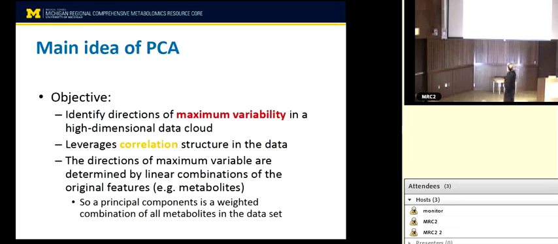So if you take this picture and somehow magically your 450 featured data set, because it has 450 lipids, could be mapped to a single line, you can tell a lot about what's going on in your data if that was a successful exercise. Which implies that all your features were very highly correlated.